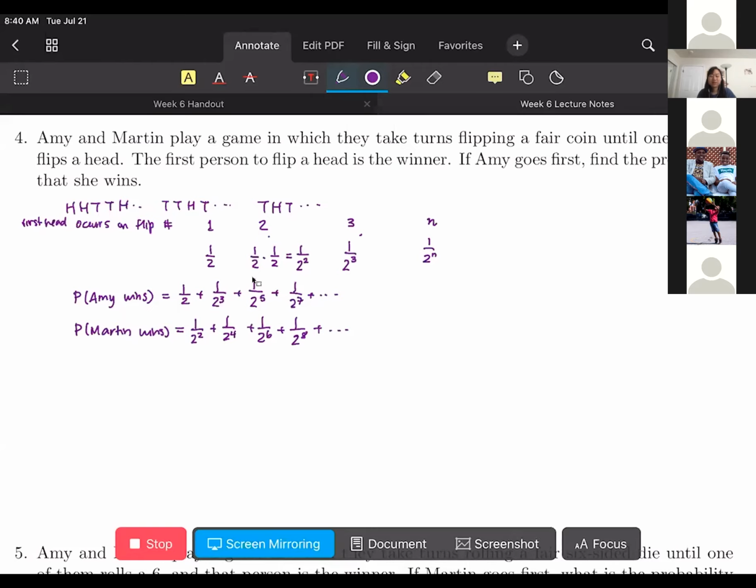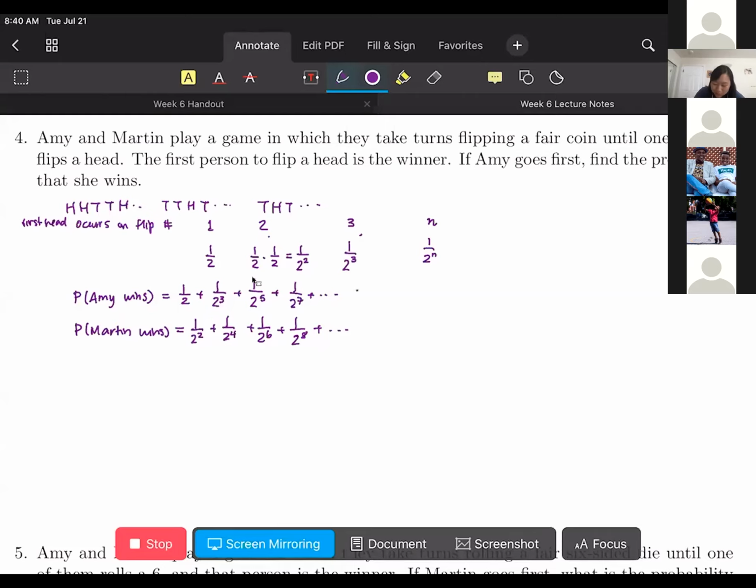All right, so now that we have this, we can actually evaluate this in a couple of ways. Did you all learn before the method to evaluate the sum of an infinite geometric series? Yeah, we did it with Mr. Crawford. Okay, awesome.